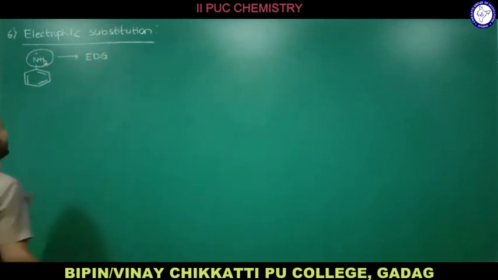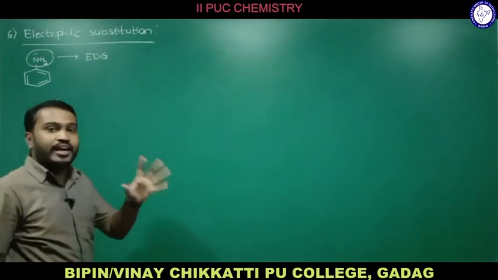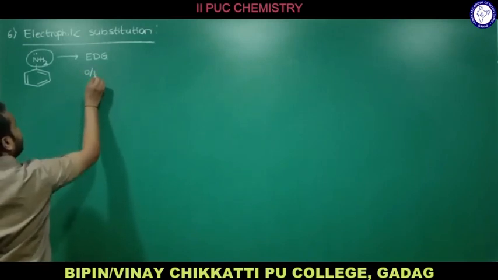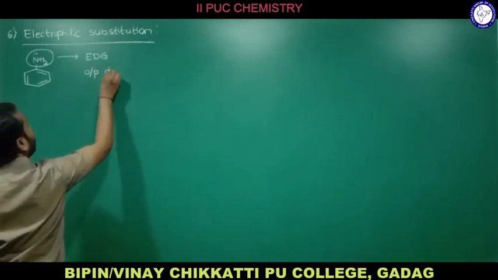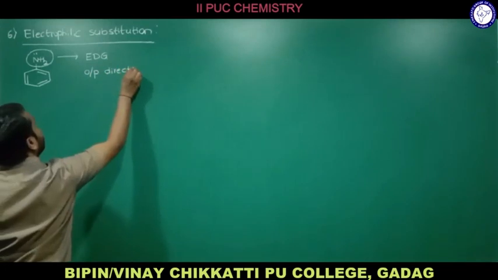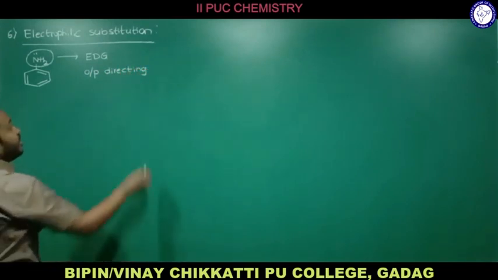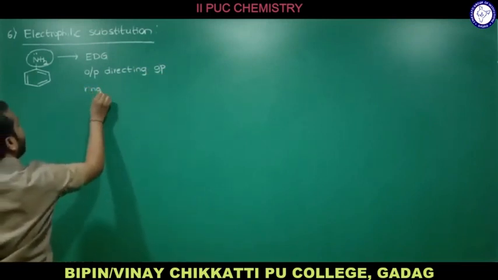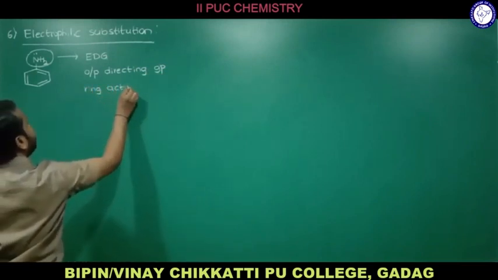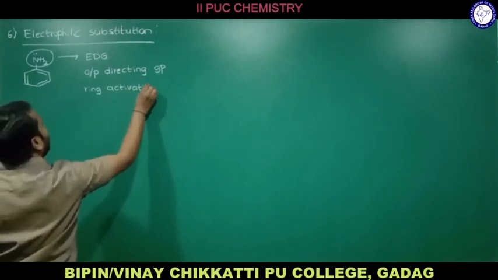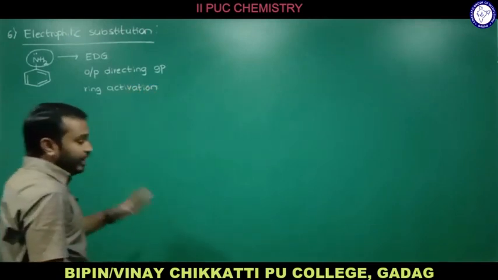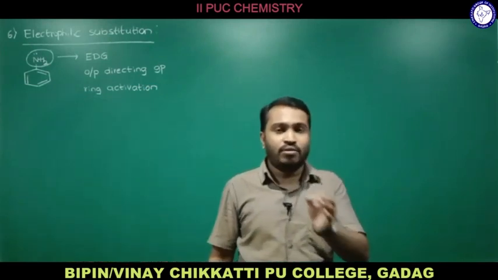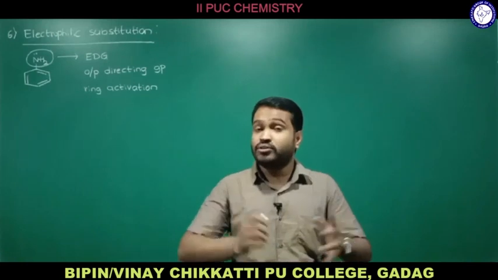Since the NH2 group is electron donating, it is ortho and para directing, or I can say it activates the ring. Ring activation takes place when we have an electron donating group, which in general is ortho para directing.